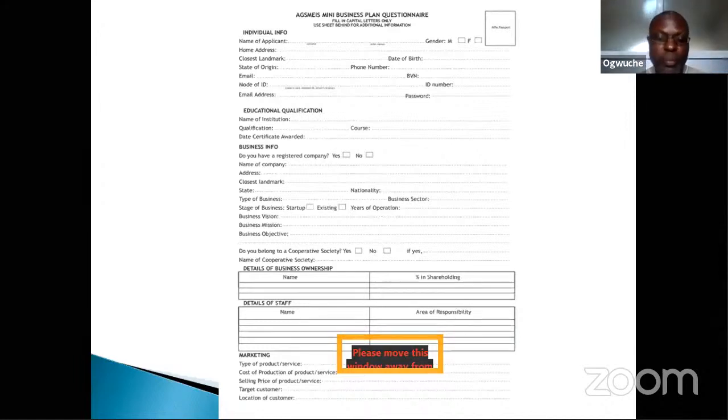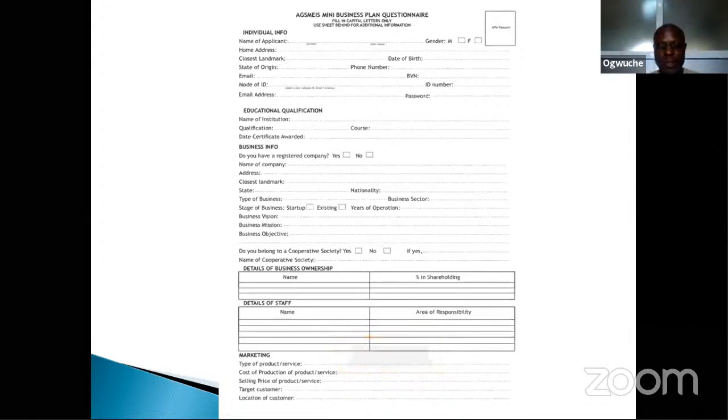How much you spend in production of the chicken and the eggs. You'll be able to tell us by the time you put together all the inputs that are going into supporting that farm. You'll be able to let us know how much you spend on that.